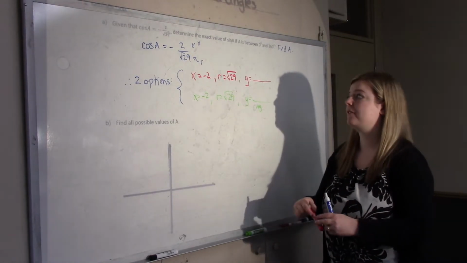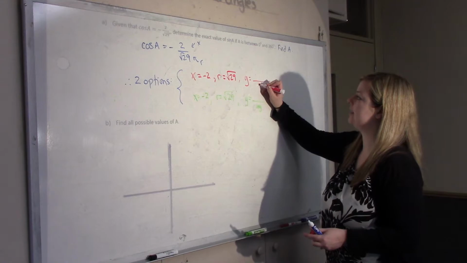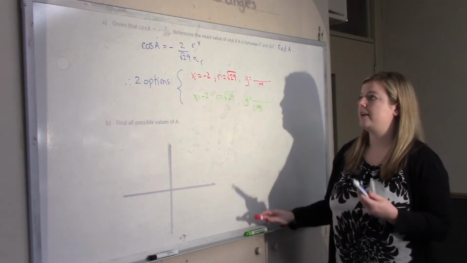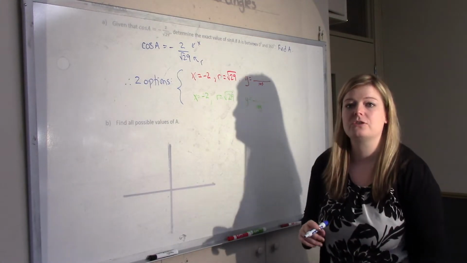We don't have enough information to tell us whether y is positive or negative. We do have enough information to find what the value of y is, we just don't know if it's positive or negative.